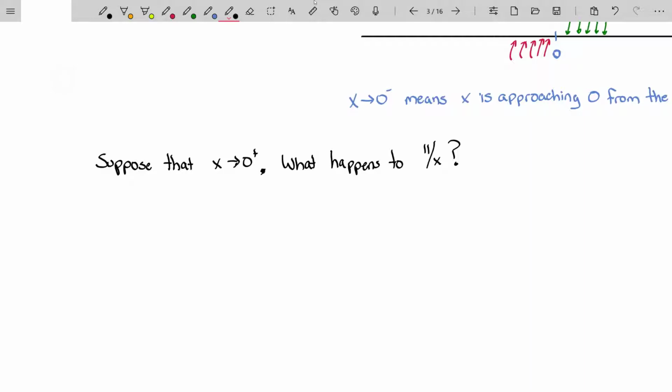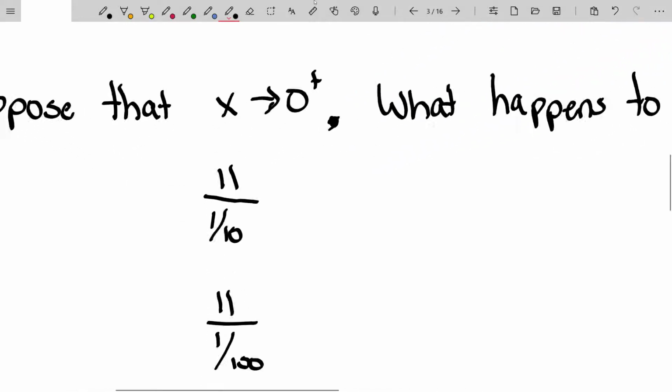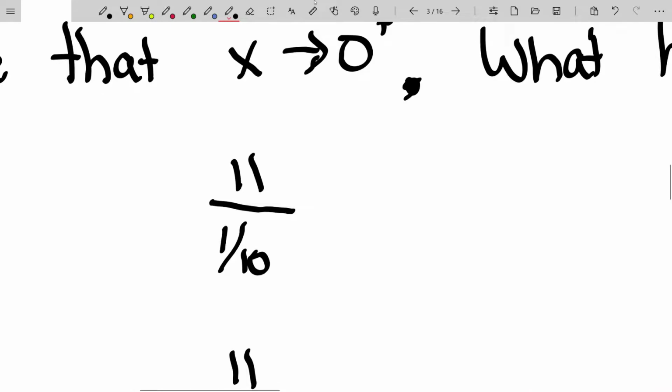Well, if you take some examples of numbers that are close to 0 but still positive, so 1/10 is very close to 0, or 1/100th is even closer to 0, or 1/1000th is even closer to 0. If you take a look at each of these cases, 11 over 1/10 is 110.